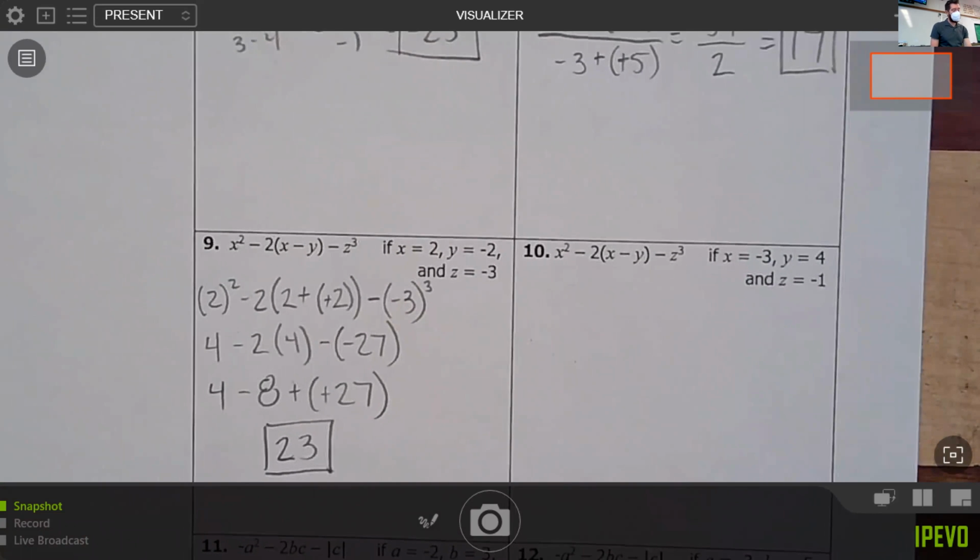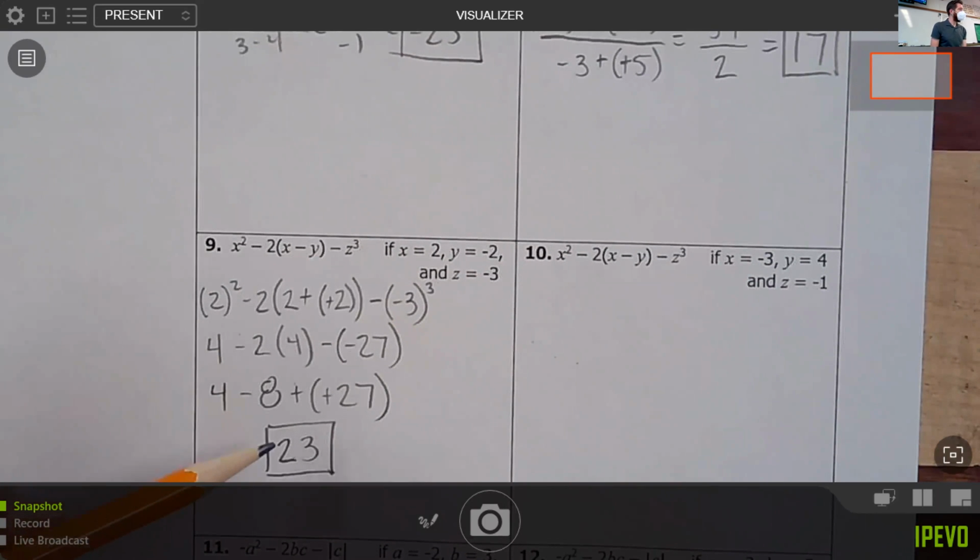Honestly, I don't know about you, but I think the toughest thing for me is making sure that I have the proper amount of negatives in the right place. Figuring out where the negatives go and the minuses and making sure they're all in the right spot can make or break a problem. So the more we practice this, the more we continue to use parentheses. I think parentheses do a really good job of separating things out.